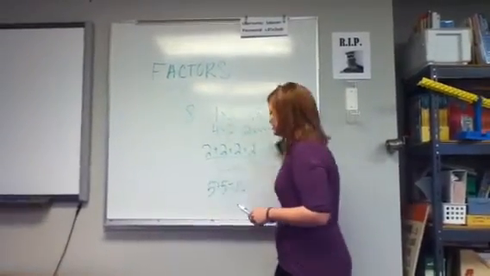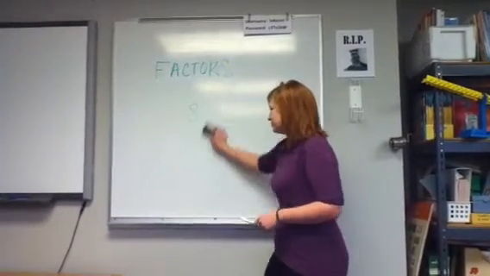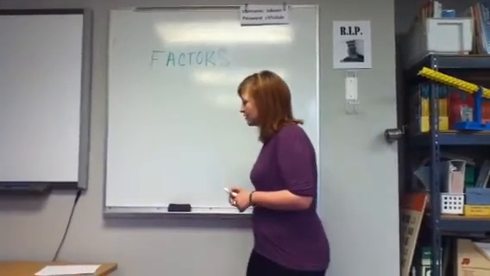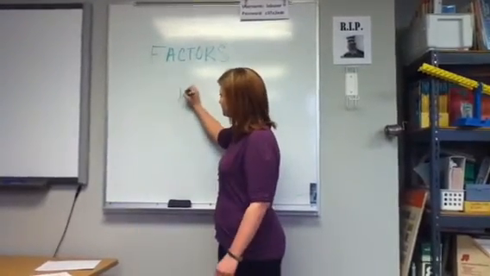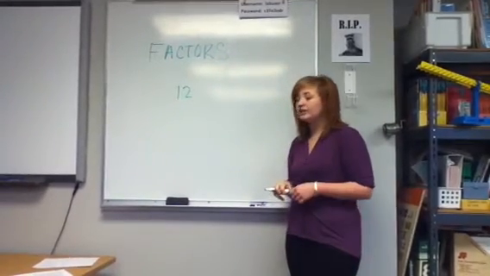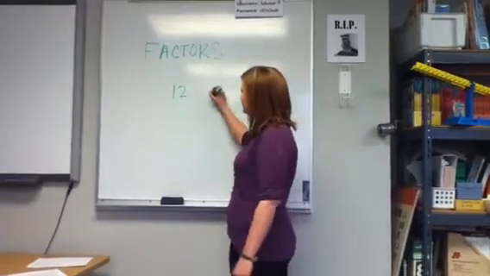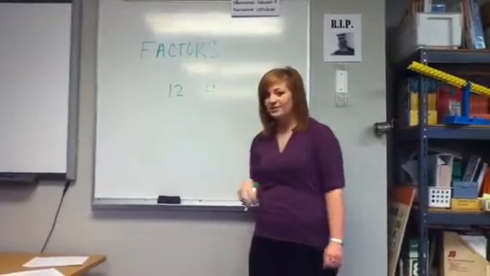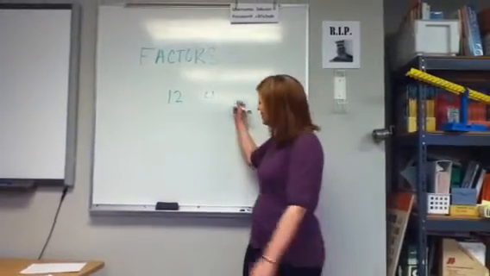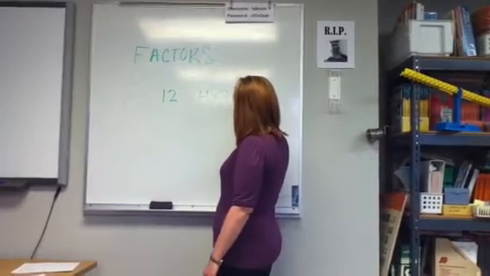So let's do some harder problems and see if you guys can get it. How about 12? Can anybody tell me a factor of 12? That's right, 4 is a factor of 12, but what number is it a factor with? That's right, 3, because 4 times 3 equals 12.